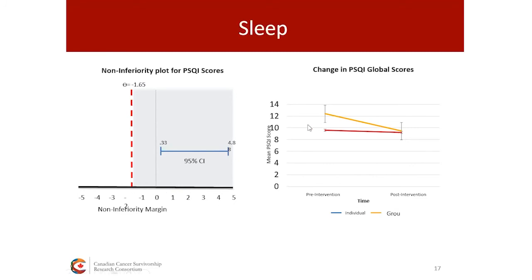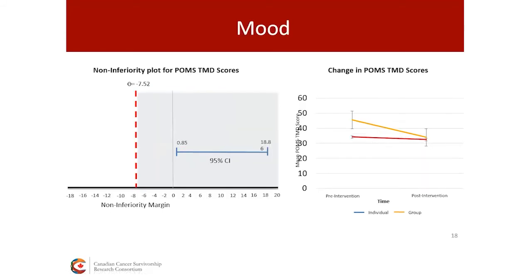Again, if you look at the graphical representation here, we can see there was a greater drop in the group arm compared to the individual arm. And the interaction was significant. Now, we look at the mood disorders, which we determined through the Profile of Mood States questionnaire, total mood disorders.